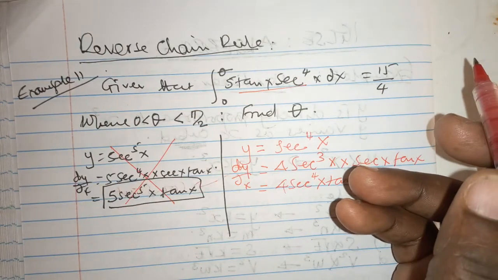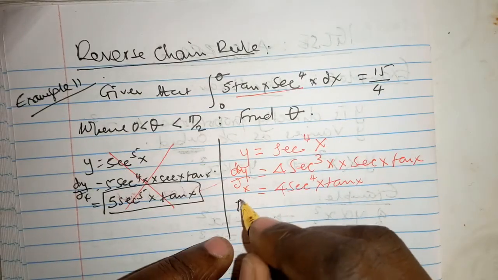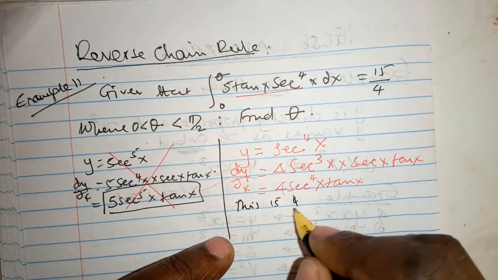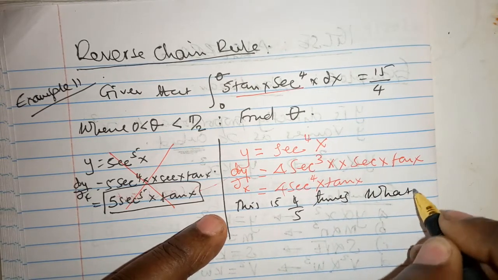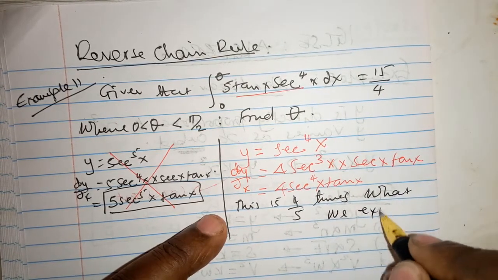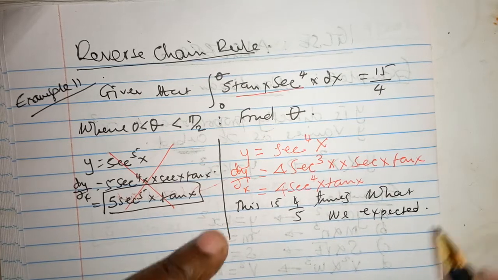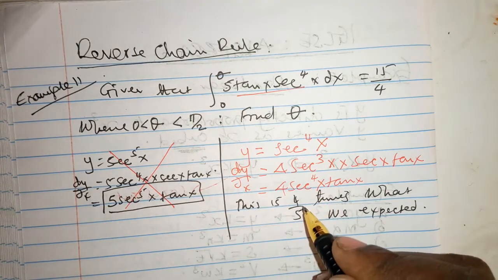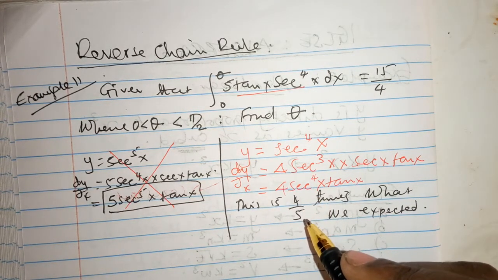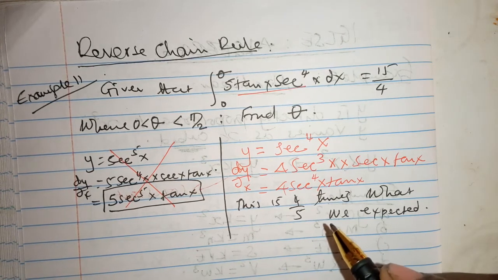Only the constant we need to adjust just a little bit. This is 4 over 5 times what we needed or we expected. So we have to divide by 4 over 5, which is like multiplying by 5 over 4.